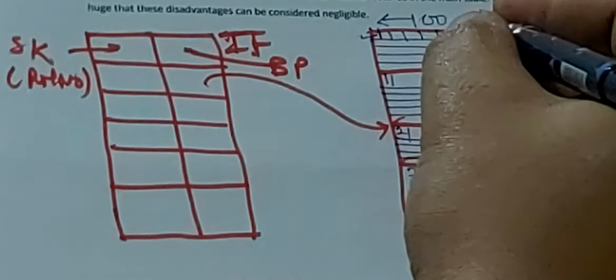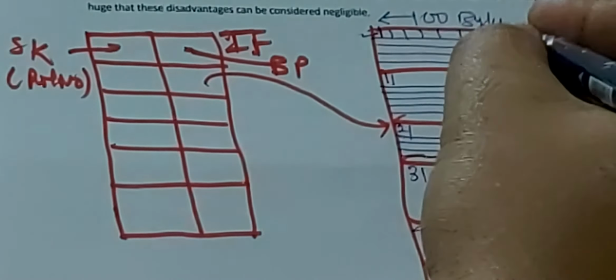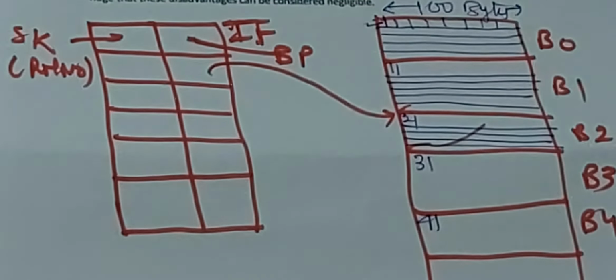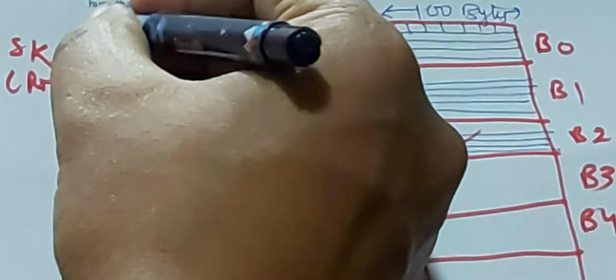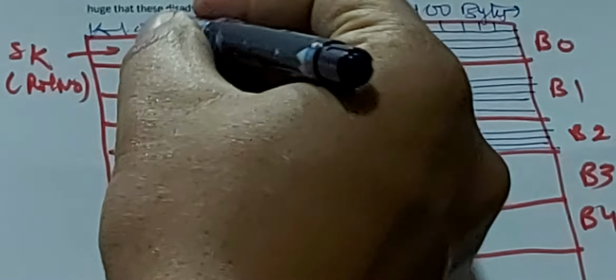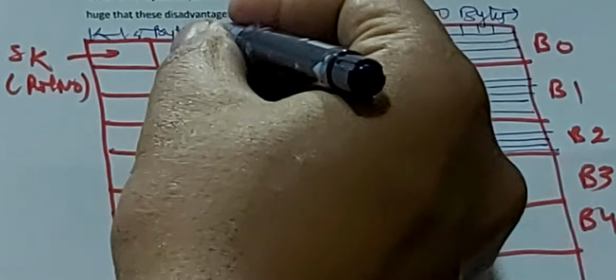So if the record size here is 100 bytes, then the index file entry can be, let's say, 10 to 15 bytes. It will be only 15 bytes. Why only 15 bytes?